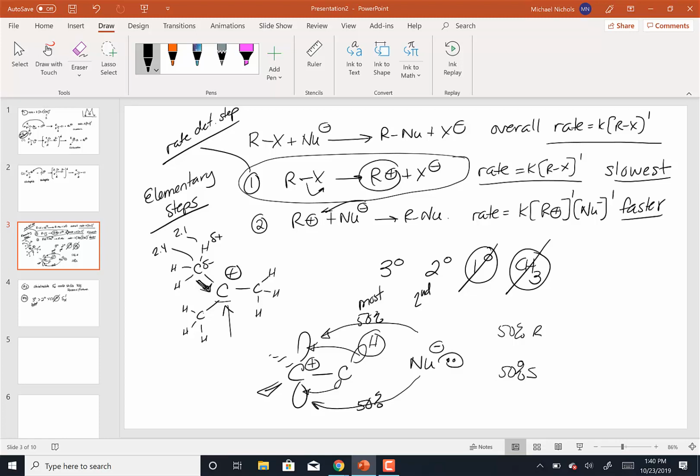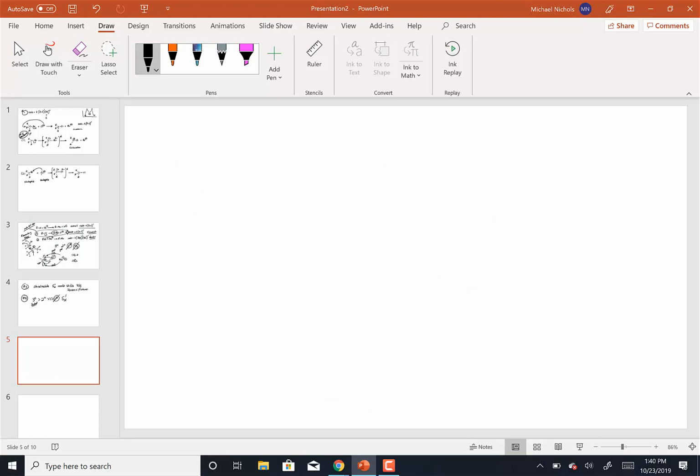So let me restate the question. If I had two intermediates, so I start out with my reactant, I'm going to have two different intermediates. And my energy goes up. So the intermediate at the higher energy is going to be less stable than the intermediate at the lower energy. Right?